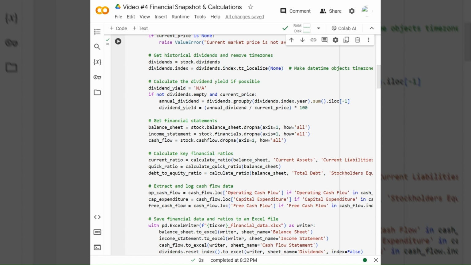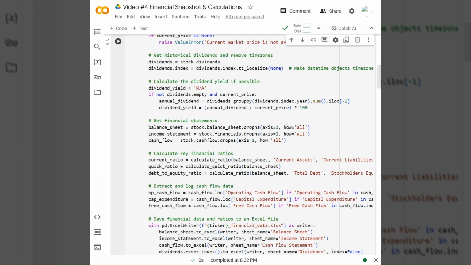And then the dividend yield is how much the company pays out each year relative to its stock price. Current ratio is total current assets divided by total current liabilities. Again, this is a liquidity ratio if you would like to categorize that.